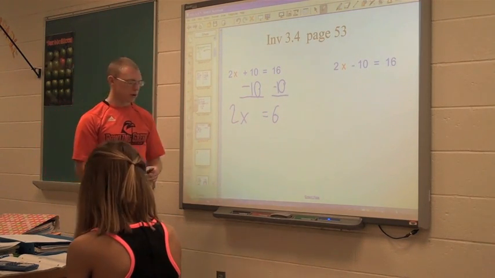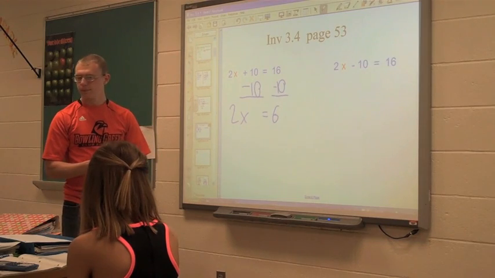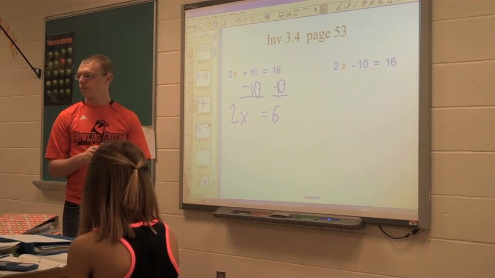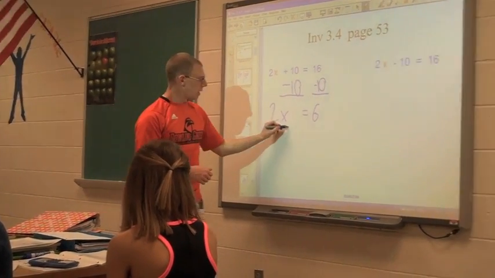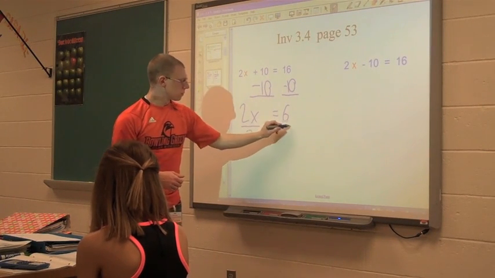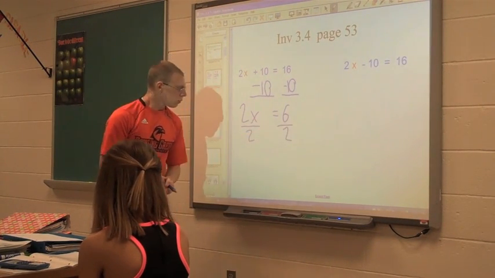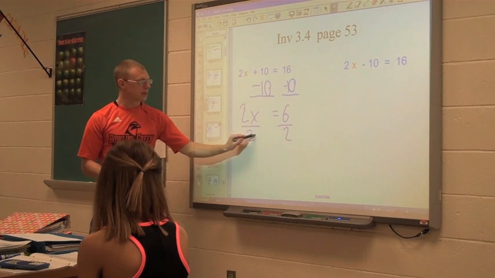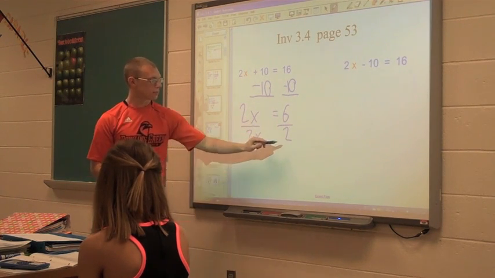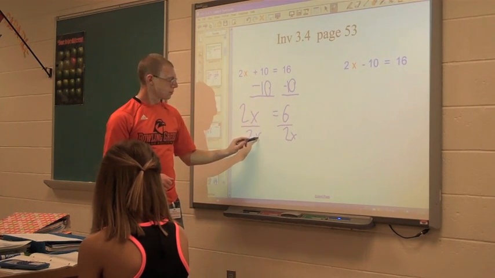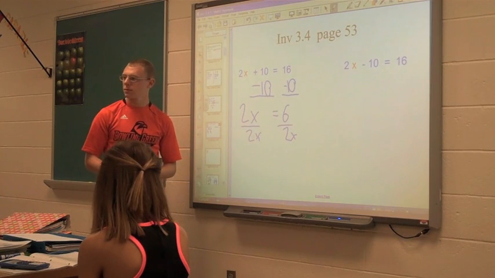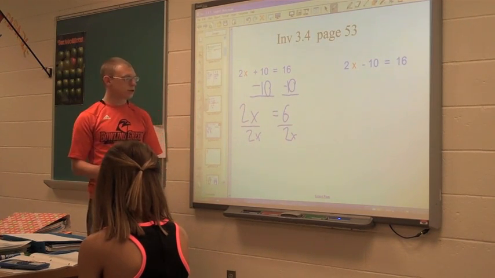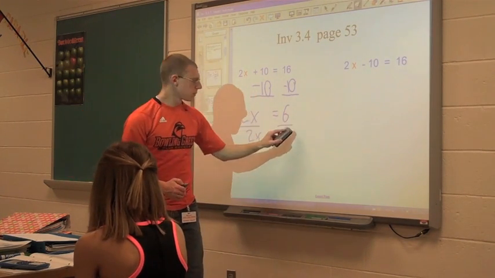So now what can we do? Divide each side by 2. Why can't we divide each side by 2x? Because both sides don't have x's on them.